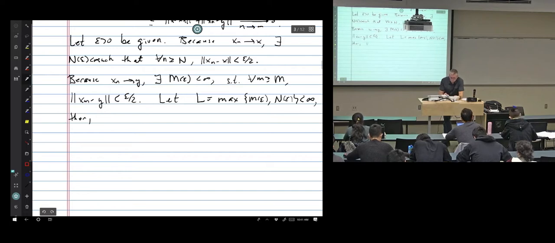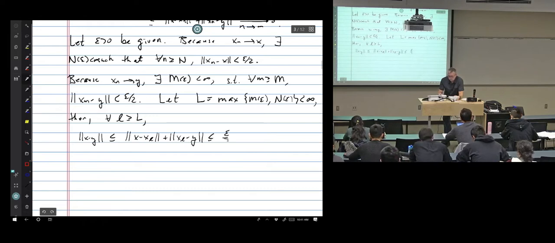Then, for every little l bigger than or equal to L, we'll have that the norm of x minus y is less than or equal to the norm of x minus xl plus the norm of xl minus y, which is less than or equal to epsilon over 2 plus epsilon over 2, and that's epsilon. Okay?